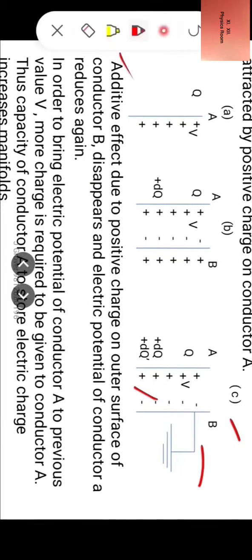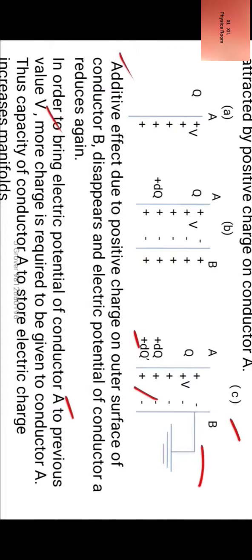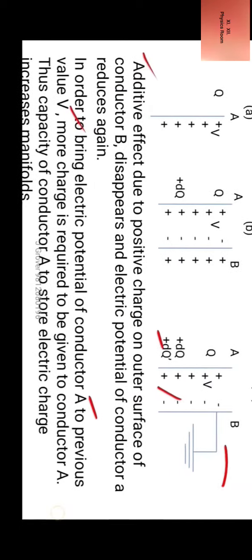Now, in order to bring the electric potential of conductor A to the previous value V, more charge, say +dq', is required to be given to conductor A. Thus, the capacity of conductor A to store electric charge increases manifold.